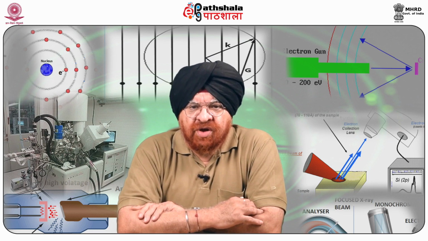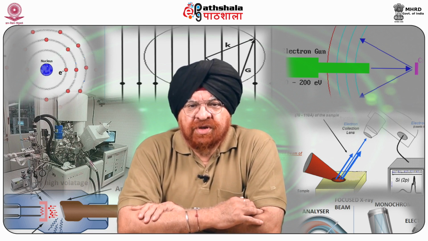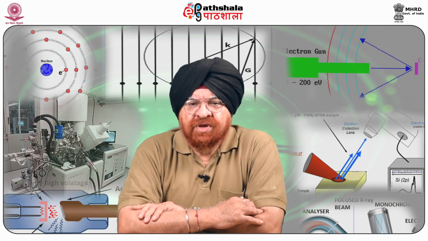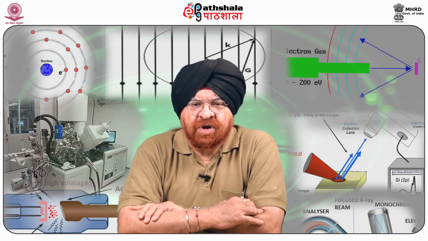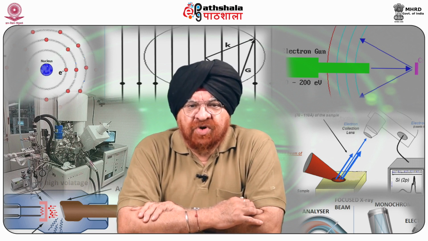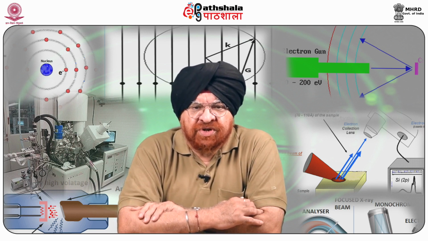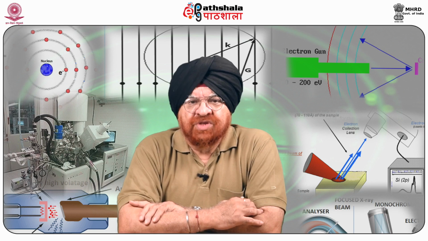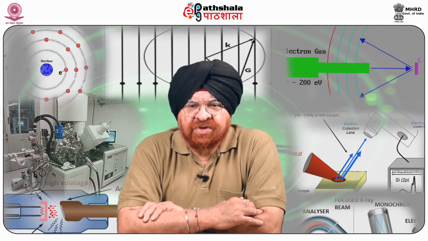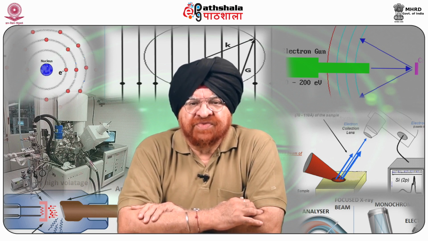What is secondary ion mass spectroscopy? How can it be used, or how did it come into being? What is the underlying principle of this technique? The answers to all these questions will be given in the upcoming set of slides.